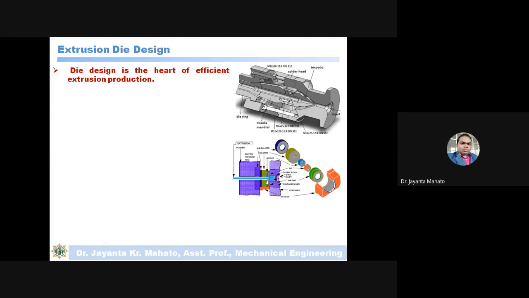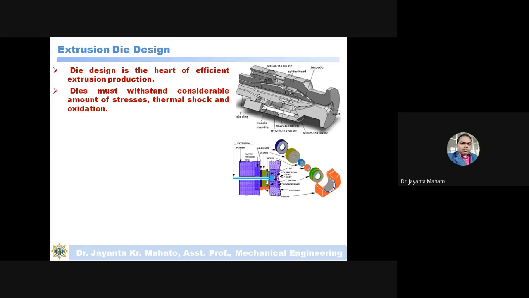So that's why the die design is called the heart of the extrusion process. Okay, and this die design totally depends on the extrusion process.